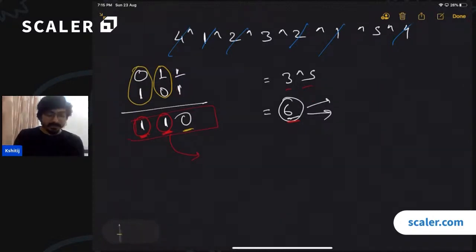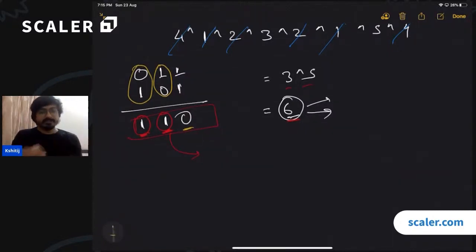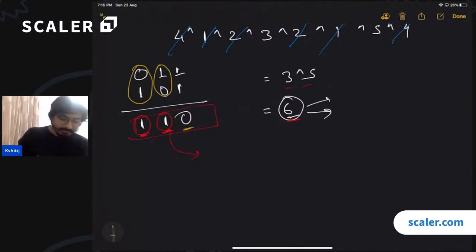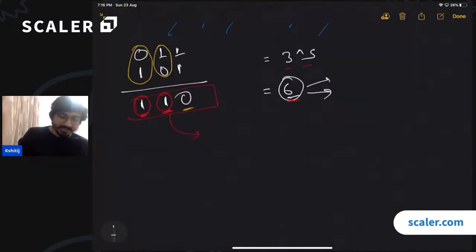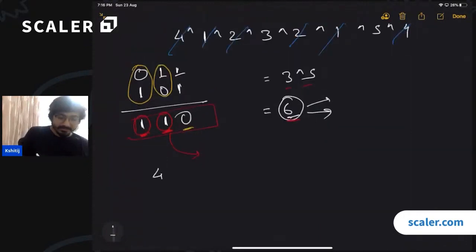Okay, now can I use this information to solve the problem? I have got one piece of information, which is the bit position at which the two numbers are different. Initially we had this complete array, which is 4 1 2 3 2 1 5 4.